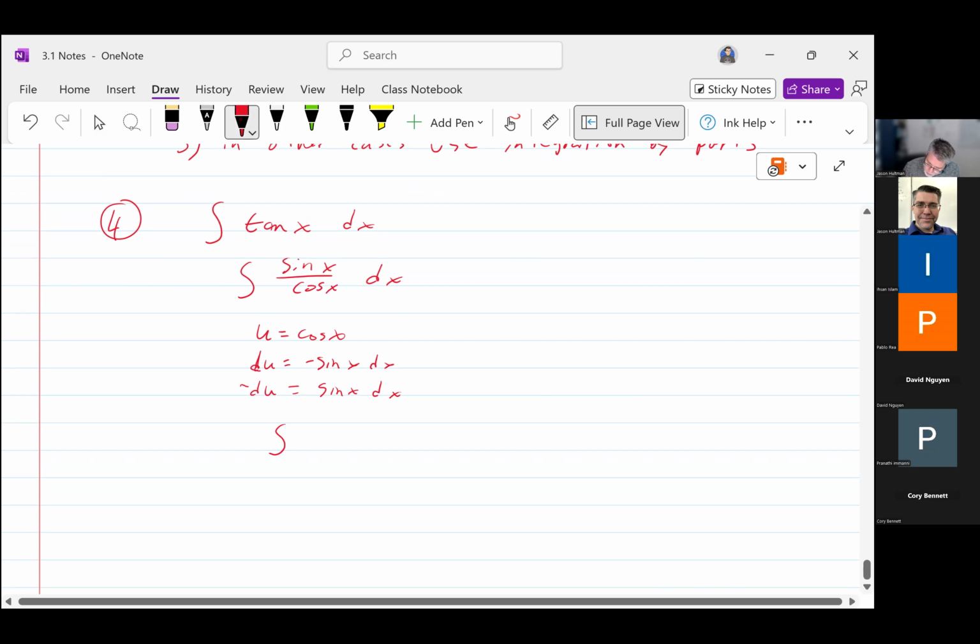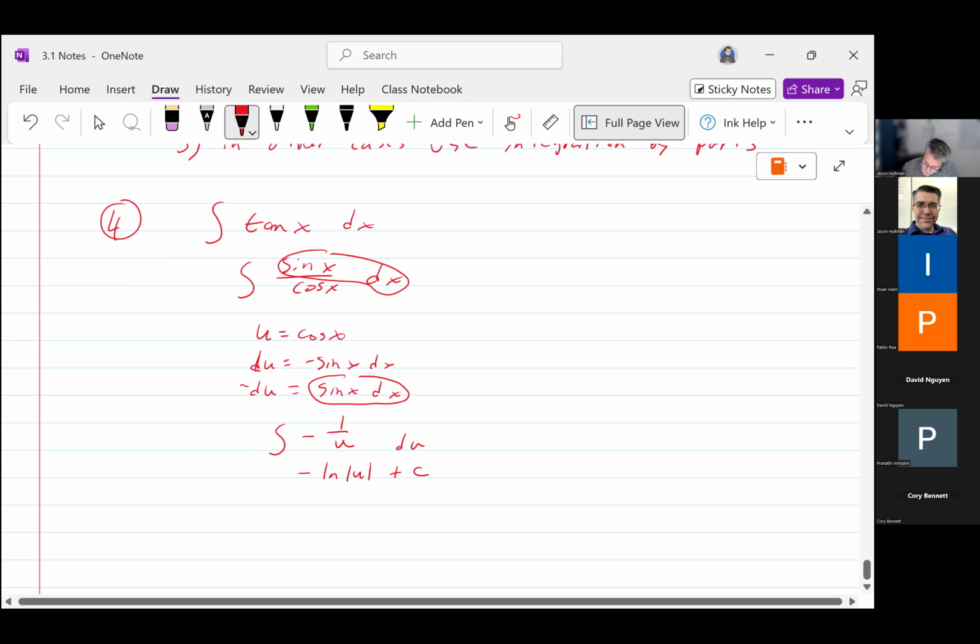So the integral becomes negative 1 over u du, which is negative natural log of u plus c.